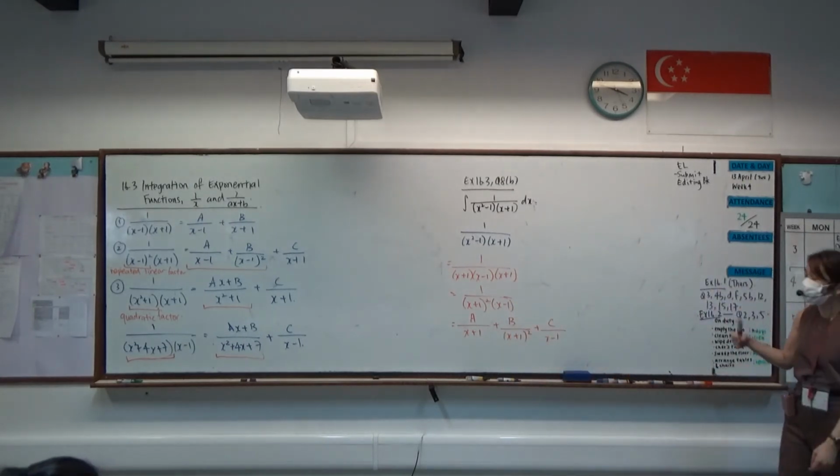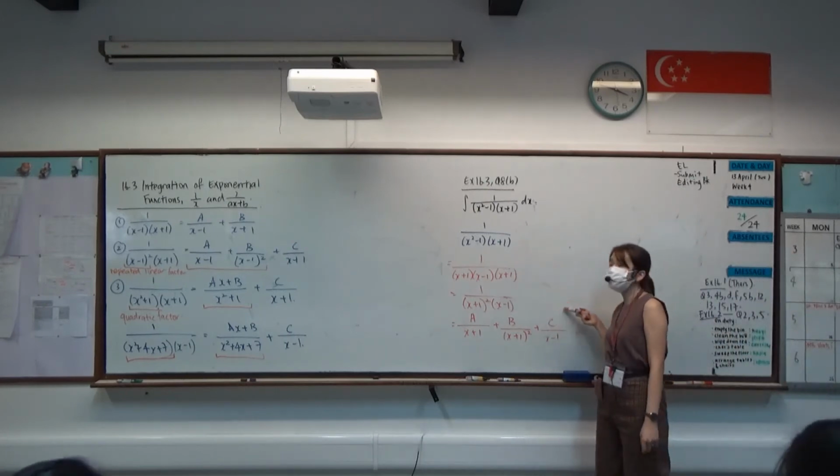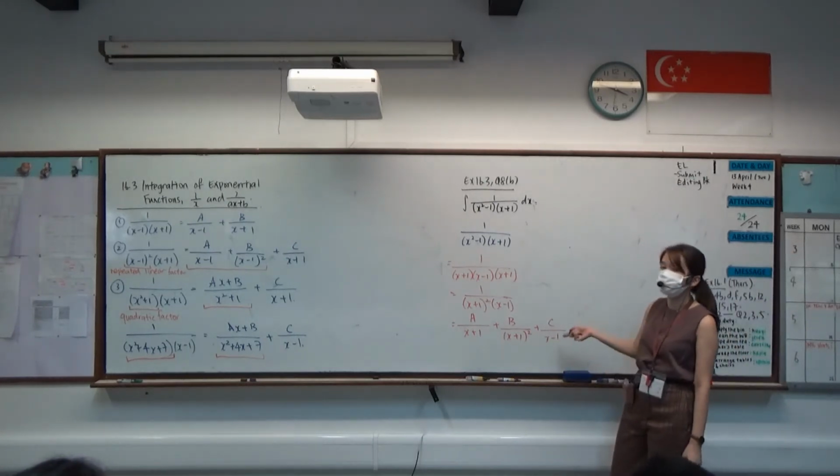Combining what Mervin and Joseph have given us, we are looking at a partial fraction form to be like this.